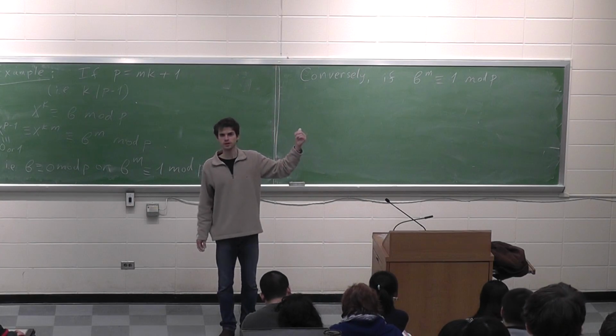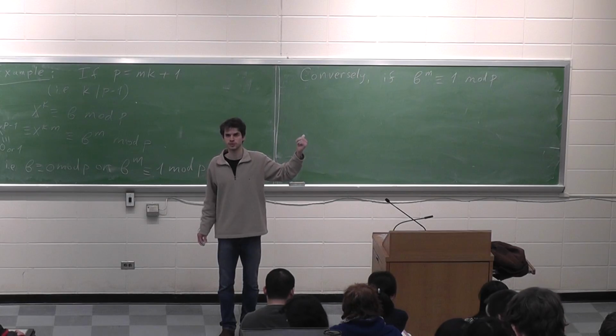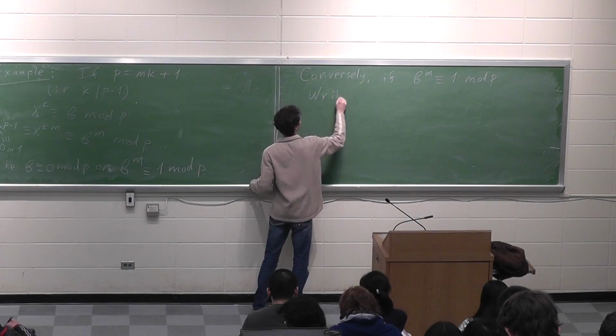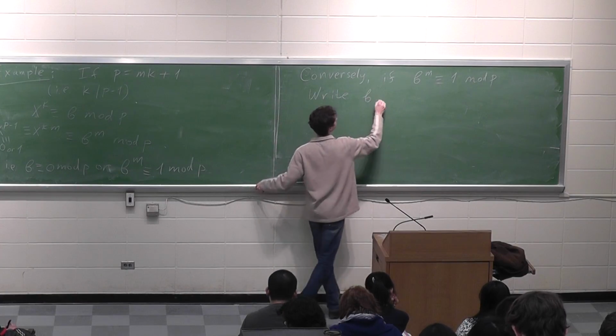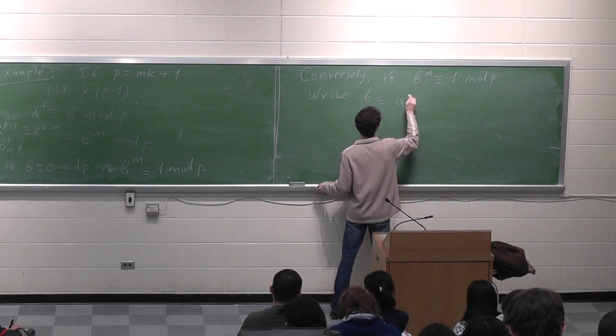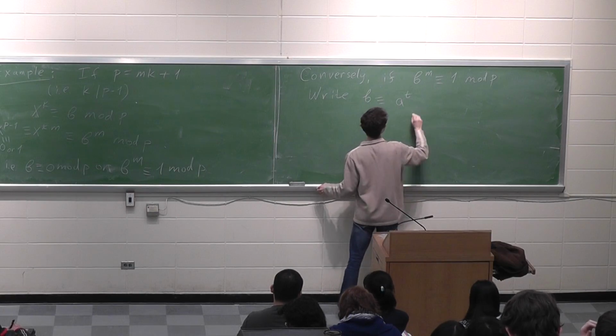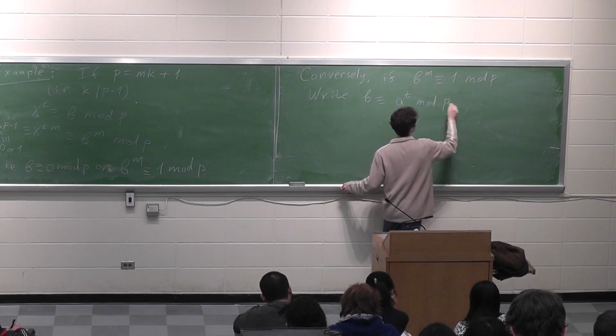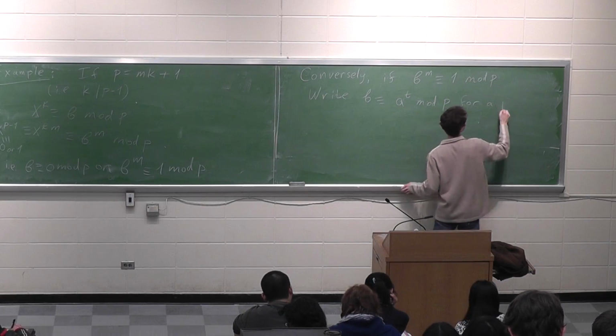Let me write b as a power of a primitive element. So write b as a to the power t, for a primitive root.